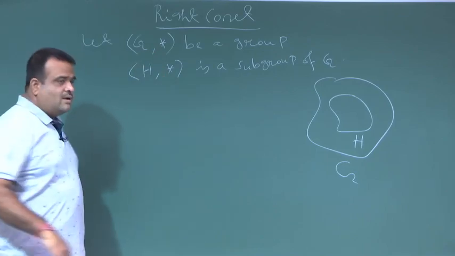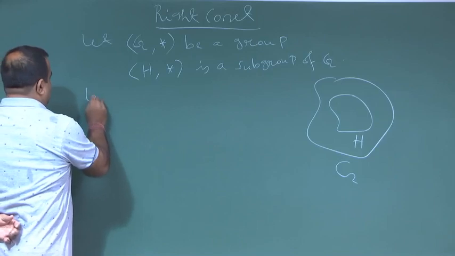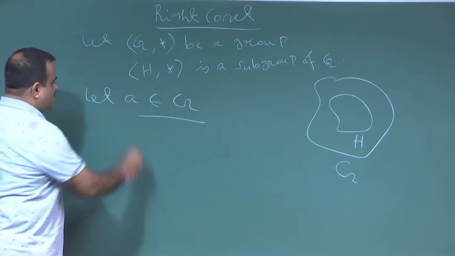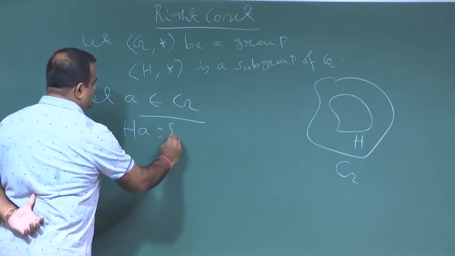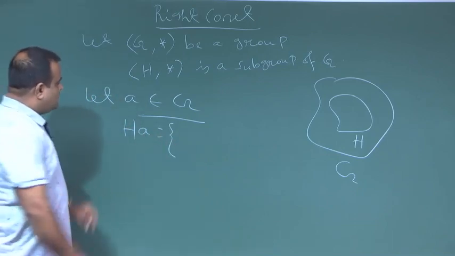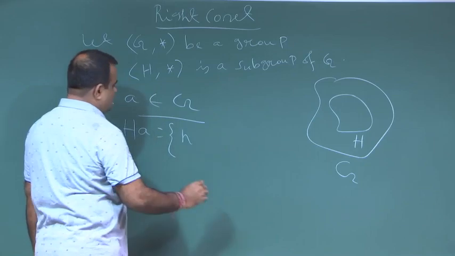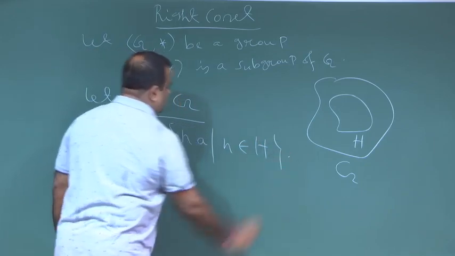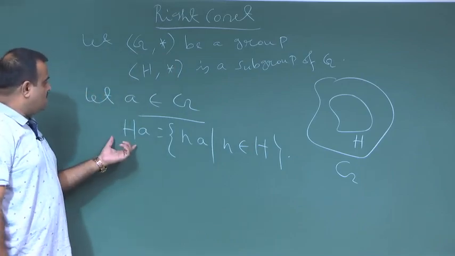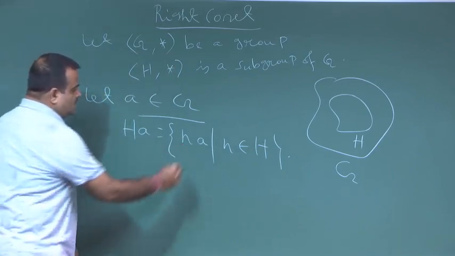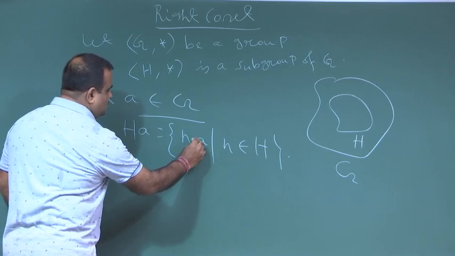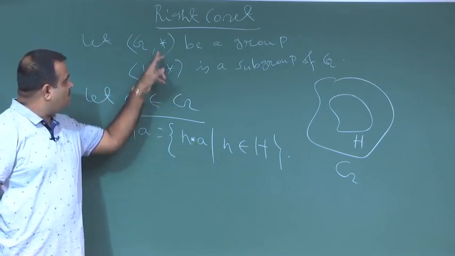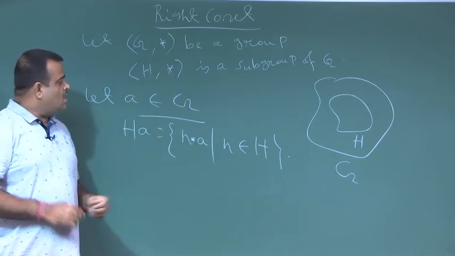Now, we define the right coset. Let A be an element from G, any element, we define this for any element. So, HA is basically the set of all elements ha, where h is coming from capital H. The operation is basically star, but sometimes we can just write ha, which means h operated with a under this operation.